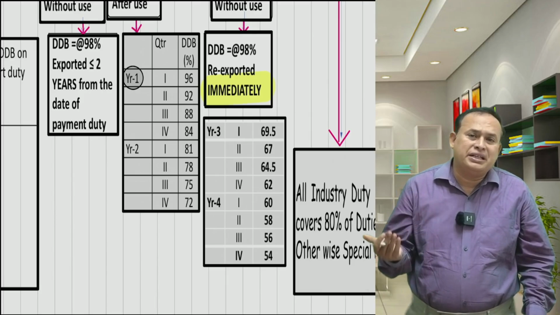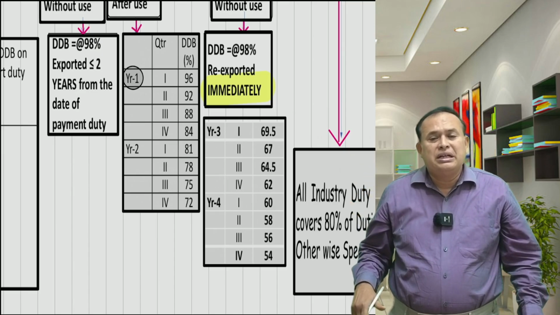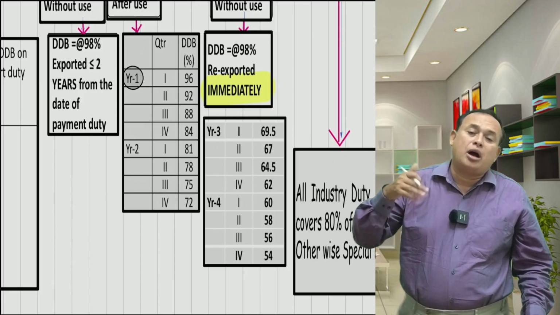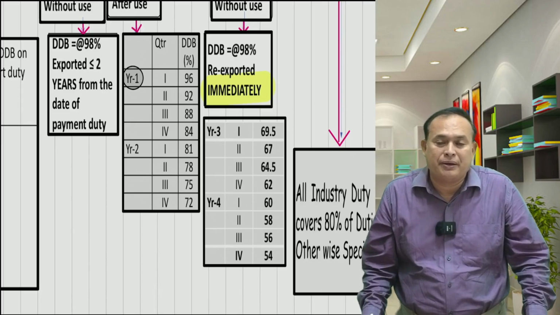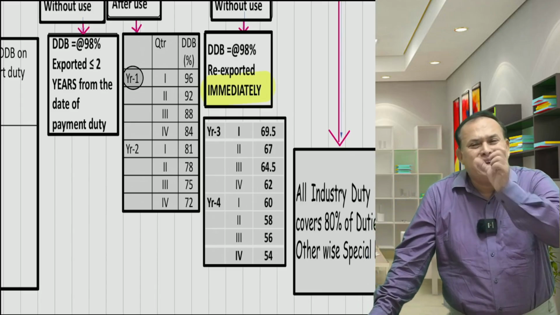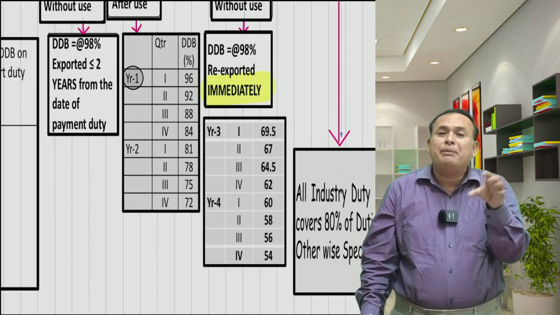If you are going to export back after use in the third year or fourth year, duty drawback is allowed only with the prior approval of the CBIC; prior permission is required to apply for duty drawback. Now, this 1 year count is reckoned from which date? From the date of payment of import duty.